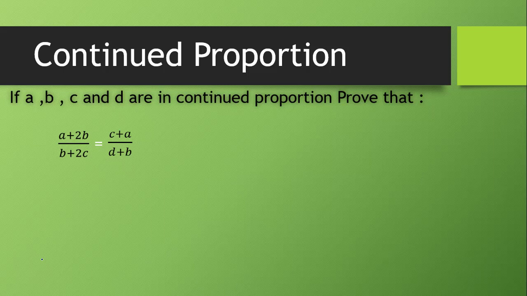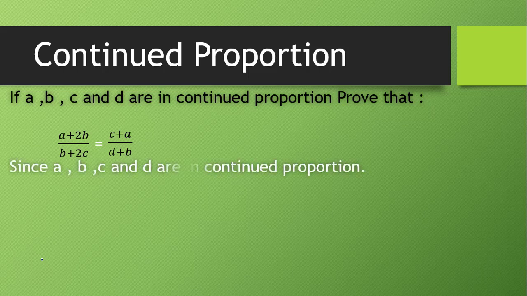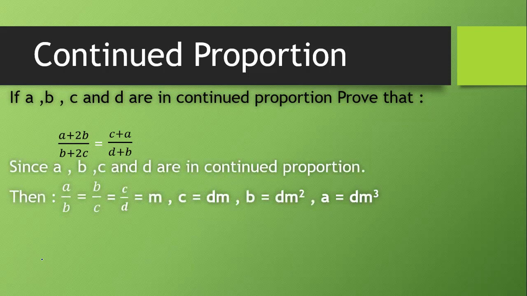Okay, if A, B, C, and D are in continued proportion, prove that (A plus 2B) over (B plus 2C) equals (C plus A) over (D plus B). We know that in this continued proportion, A equals dm power 3, B equals dm power 2, and C equals dm. So I'll substitute in the left hand side and the right hand side.